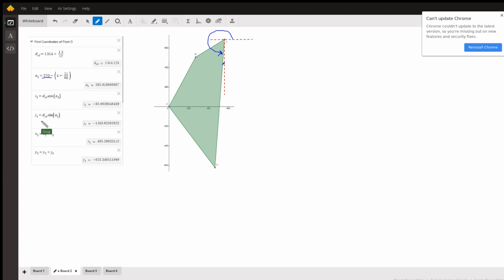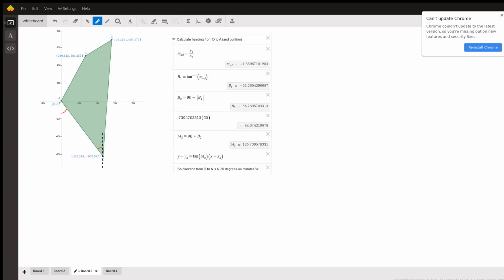And there's the coordinates of point D. Add to x sub 2 and y sub 2. We've completed vector addition for 3 vectors. And we've got the coordinates of point D.